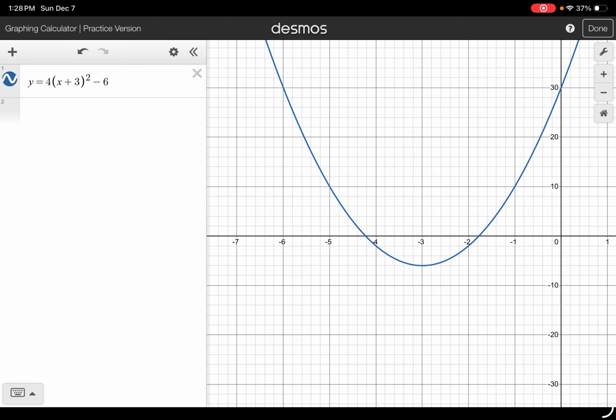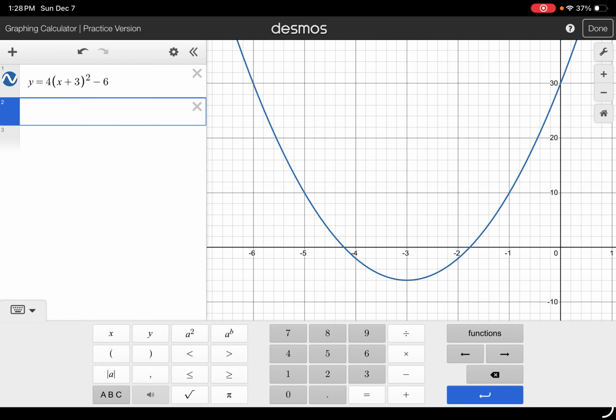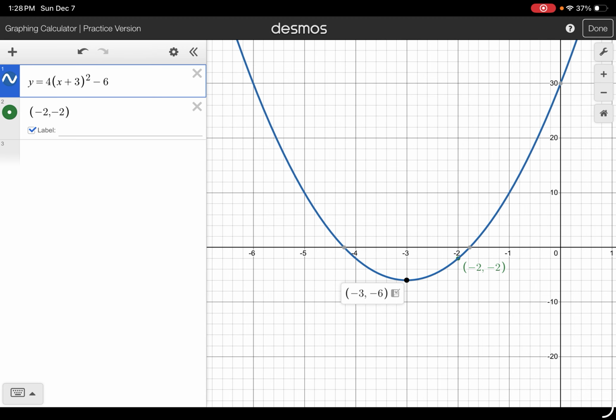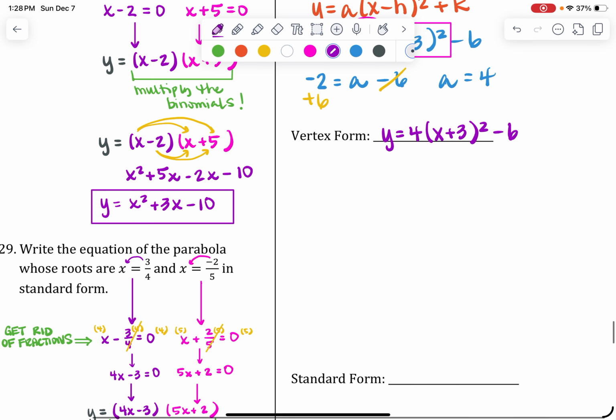Let me get back over here. And let's see, a vertex of -3, -6. Yes, and we also wanted it to go through the point -2, -2. So let's double check that. Label it. Yay, right? So it's got all the points on there that I wanted, so I know that that's correct.